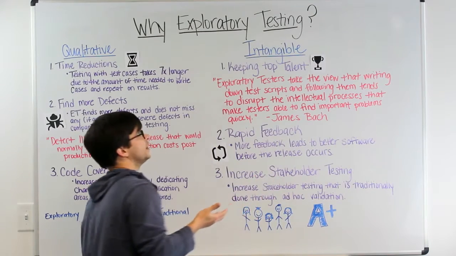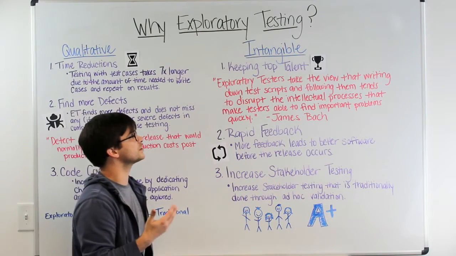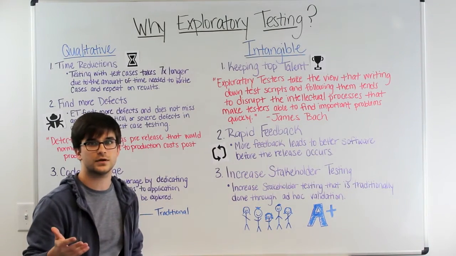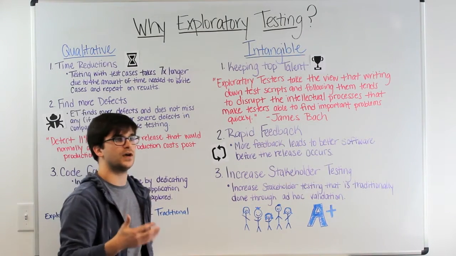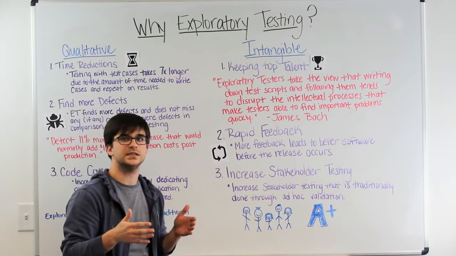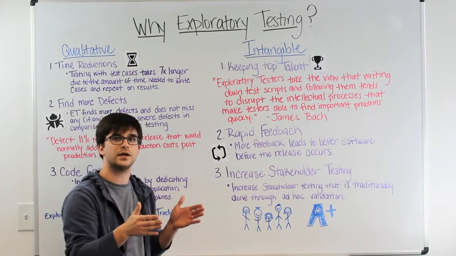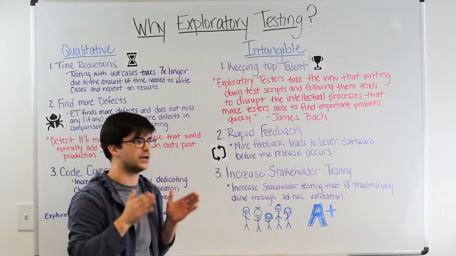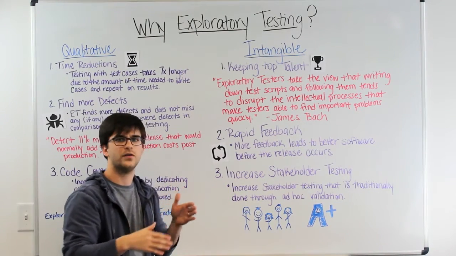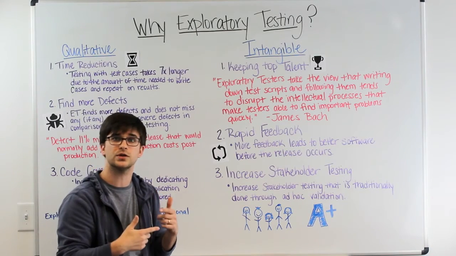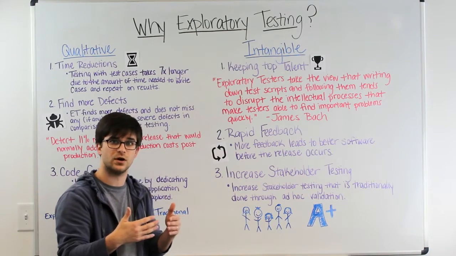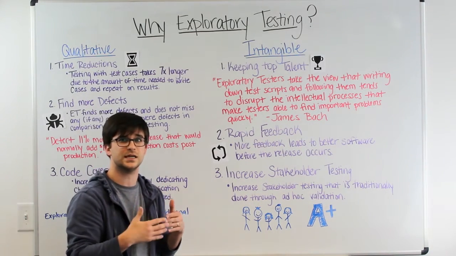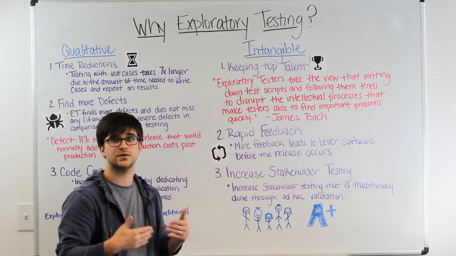On the intangible side, we see that one of the main reasons to do exploratory testing is to keep your top talent. James Bach, a great thought leader in the space, said that with traditional test cases and scripting, what usually happens is you put on blinders and you're self-directing to this one location, where all the intellectual processes that you would normally use to figure out where defects are, where the application has gone wrong, usually are not utilized with a traditional test case setup and execution.